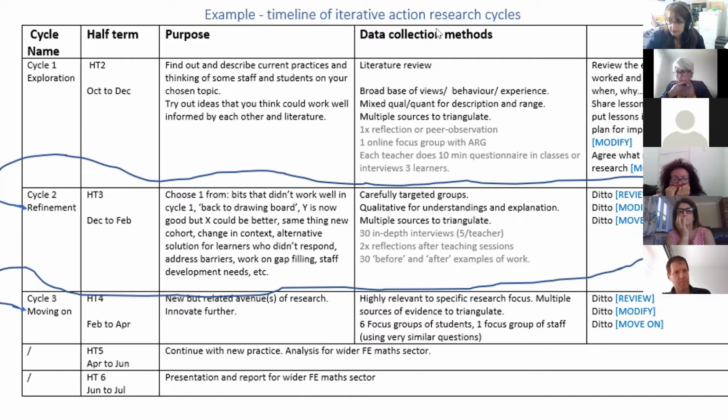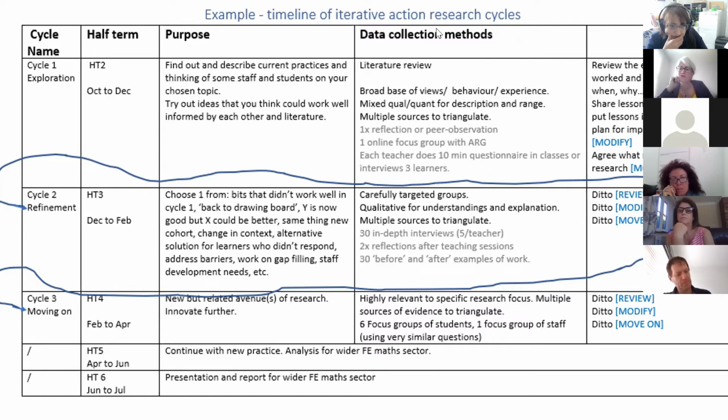And I think I'd be tempted to include and link to my research questions as well, to see how they're fitted with those different iterations and different cycles. Good point, Fiona.